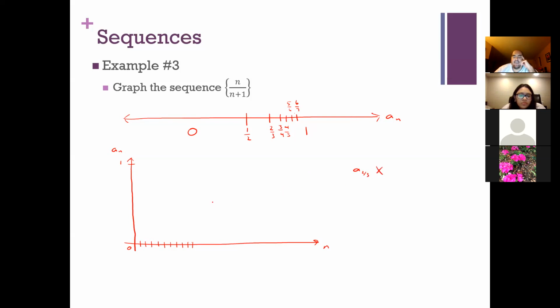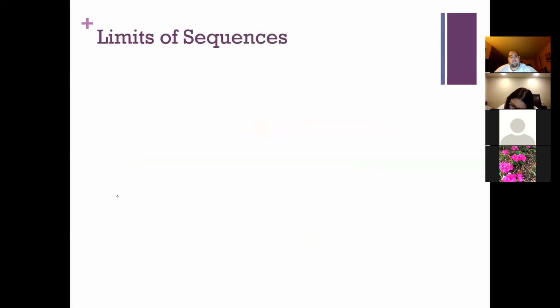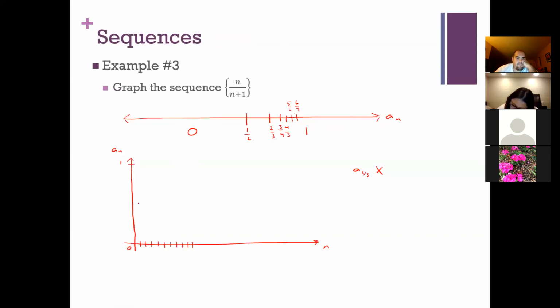You know, n has to be integer values. So when n is equal to 1, I'll have a sub n equals 1/2. When n is equal to 2, I'll have 2/3.